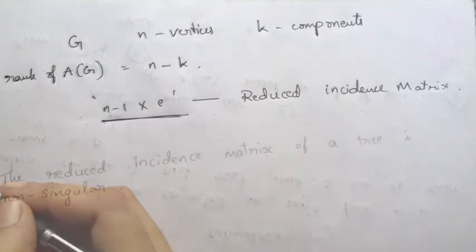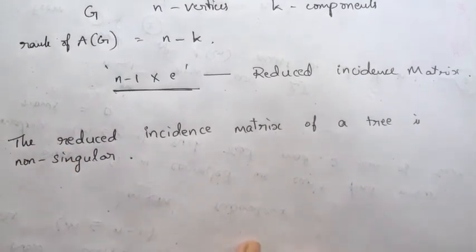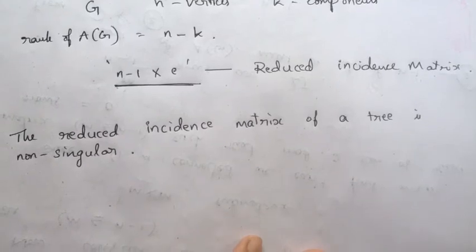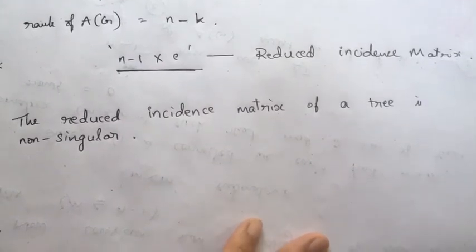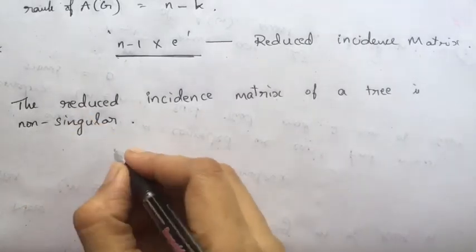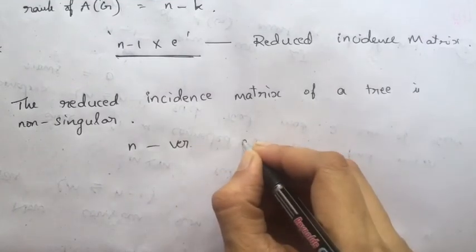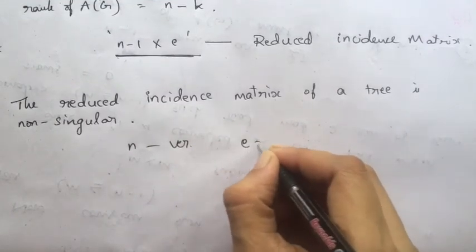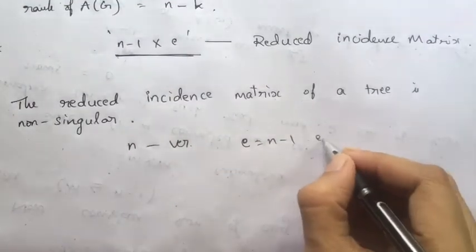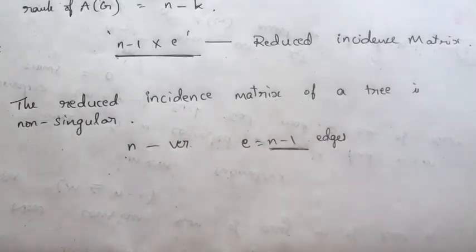Let us see how. We say a matrix is non-singular if all the rows are linearly independent. When I take a reduced incidence matrix of a tree, say the tree has n vertices and E edges. E, the number of edges, is n minus 1, right? So for a tree with n vertices, n minus 1 edges are there.